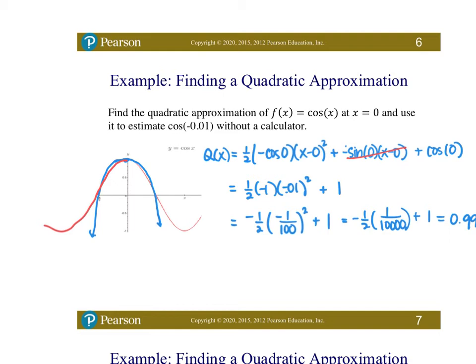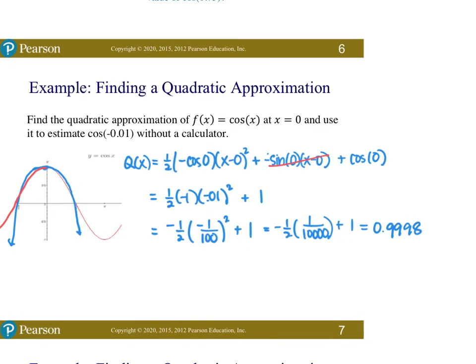But at negative 0.1, we are very, very close to being accurate with our estimation of the cosine of negative 0.1. So we would not say that this was equal, but we would say that the cosine of negative 0.1 is approximately that value.